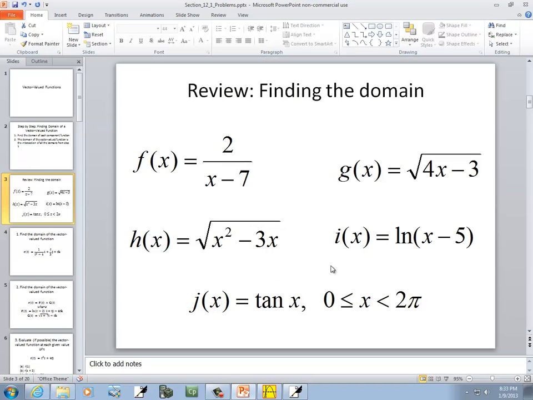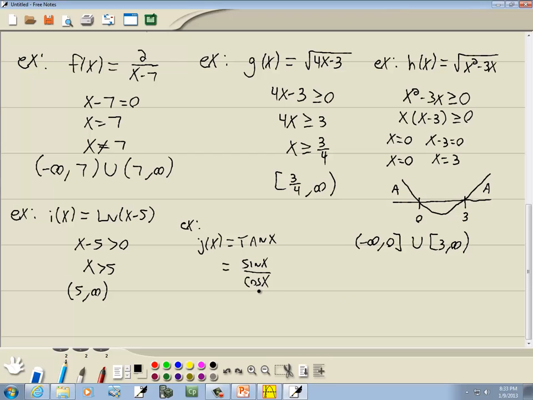And we're looking between 0 and 2 pi. Cosine is equal to 0 at pi over 2 and 3 pi over 2. So when we're talking about the domain, it wouldn't include these values.